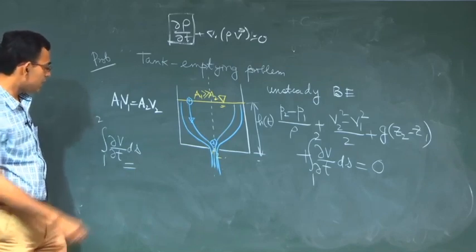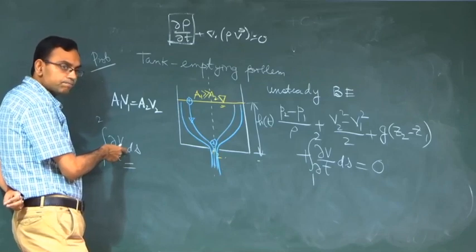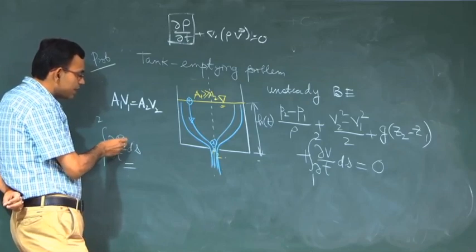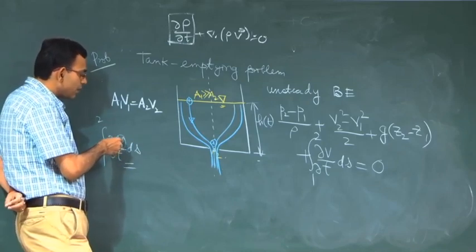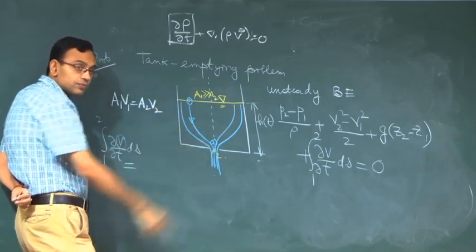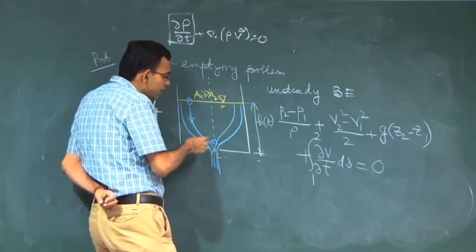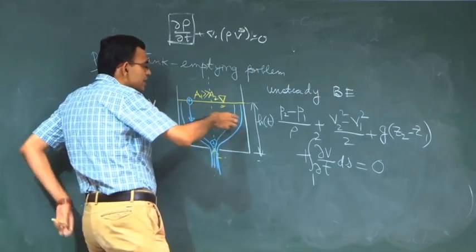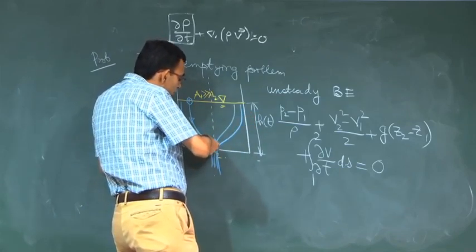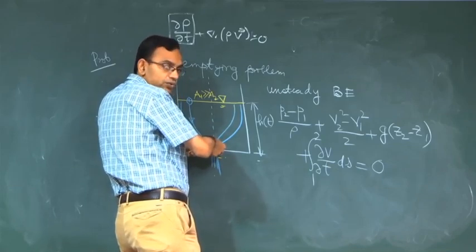This is the velocity which is variable between points 1 and 2. Out of this, the major part of the streamline is within the region over which this area is large. Only a minor part, over which the streamline bends, is close to the area A2.